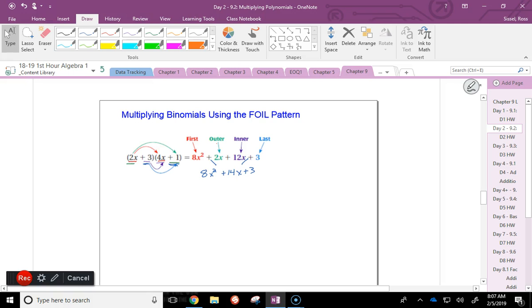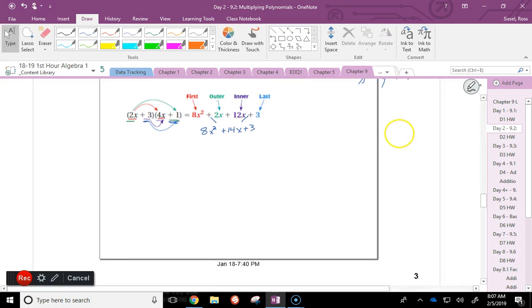They still write out FOIL every time. When they do the first terms, they cross it off. Then they do their outside terms, they cross it off. Inside and last. It's just whatever you have to use to check yourself to make sure that every term in the first expression gets multiplied to every term in the last one.